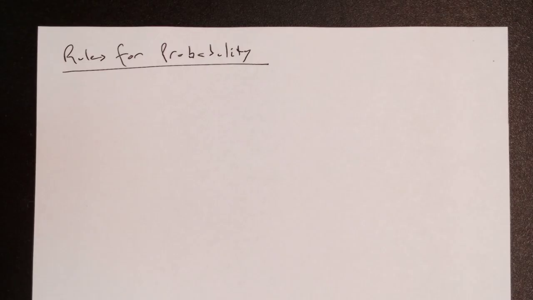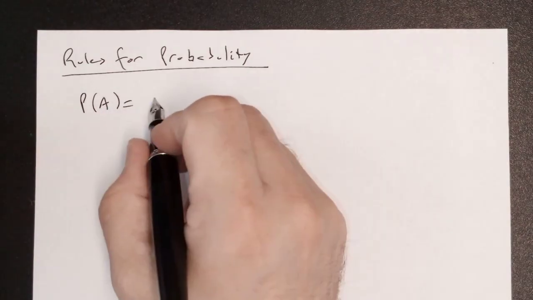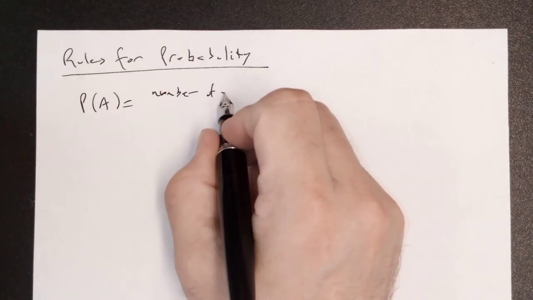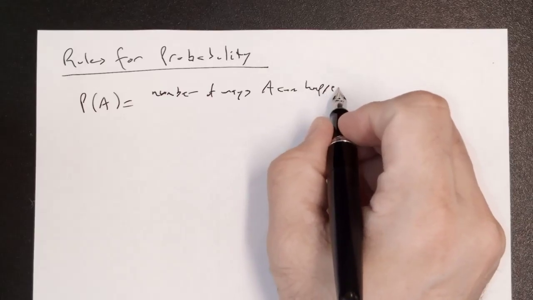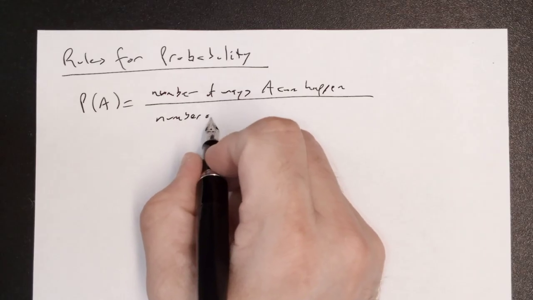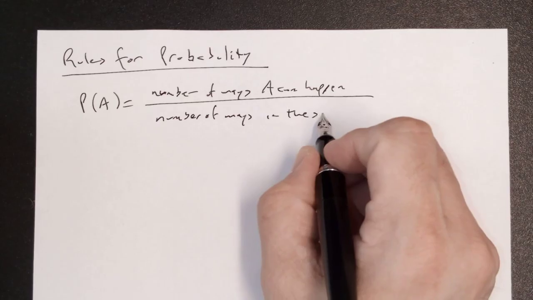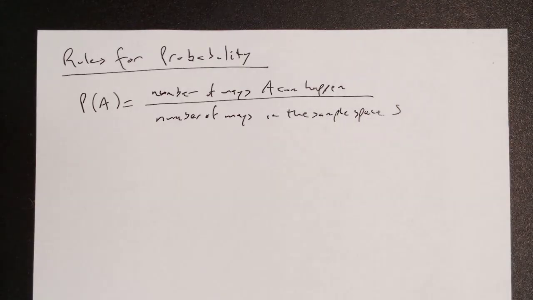So for our event A, the probability of A is the number of ways A can happen divided by the number of ways in the sample space, S. Which really means what we're doing is counting sets.